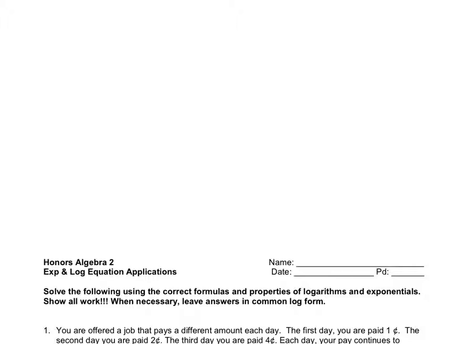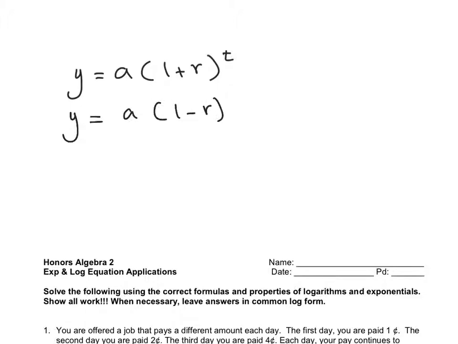Now remember, whenever there's a growth, I use the formula y equals a(1 plus r) to the power t, where y represents the final amount, a represents the initial amount, r represents the rate in decimal, and t is time. Now if this is going to be a decay, then it will be (1 minus r) to the power t.